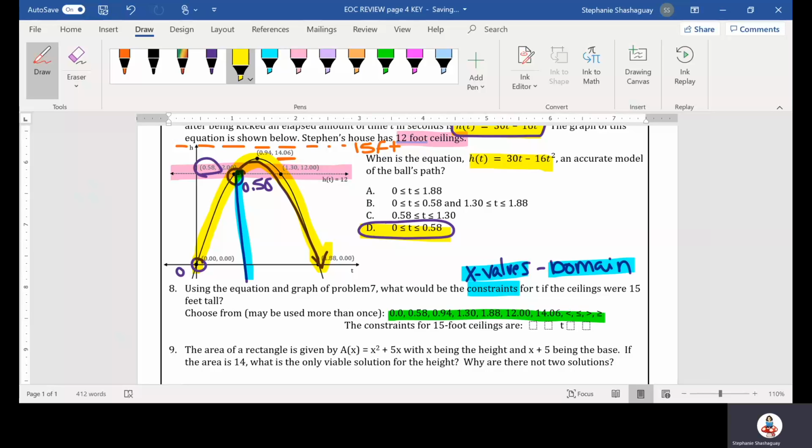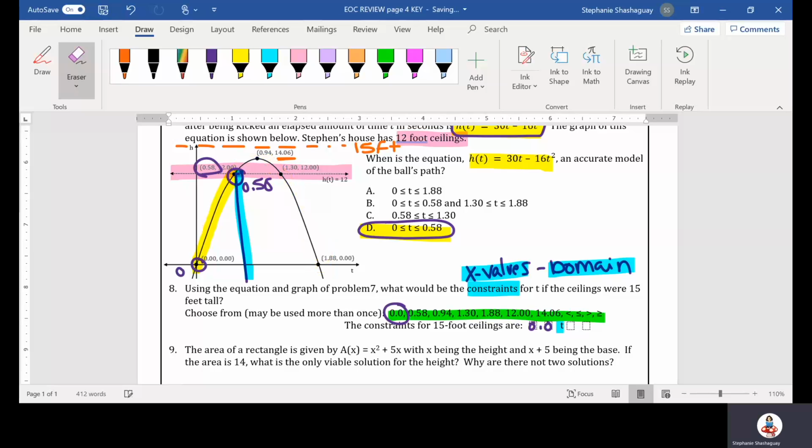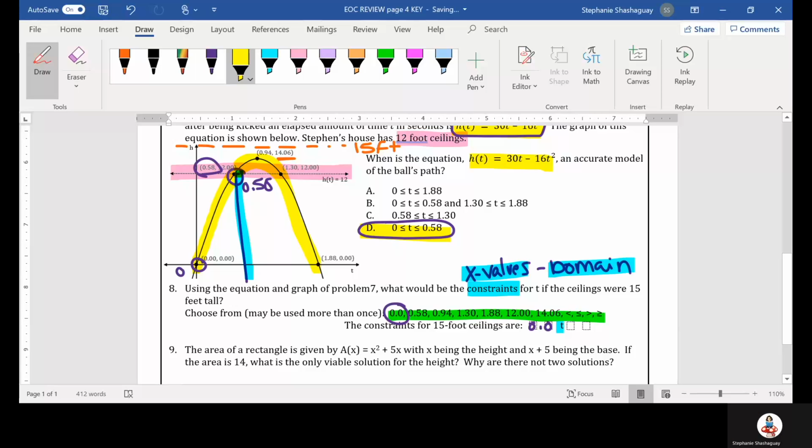So our constraints for our t, our time in seconds, because that's what we're talking about, is going to be from 0.0 when the ball was launched, and it's going to stop at this point, which is 1.88 seconds.